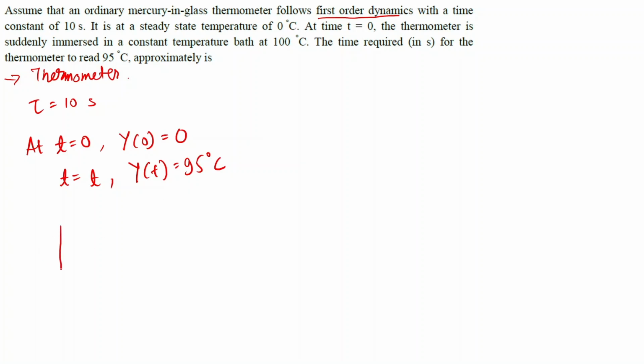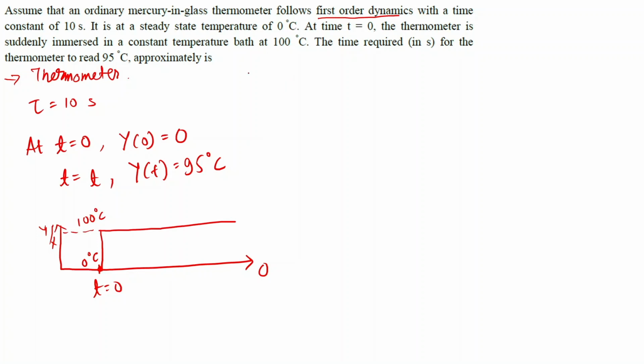So we draw this kind of plot where this shows y or x. So initially, let's consider this as time equal to 0. At time t equal to 0, the temperature recorded by the thermometer is 0 degrees Celsius. So here it is 0 degrees Celsius. And then the thermometer is suddenly immersed in a constant temperature bath of 100 degrees Celsius. So you can say that now this is 100 degrees Celsius.